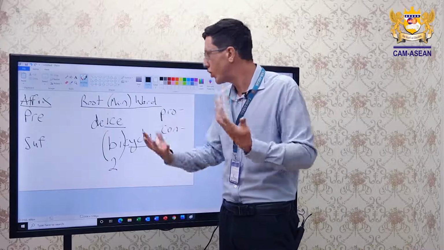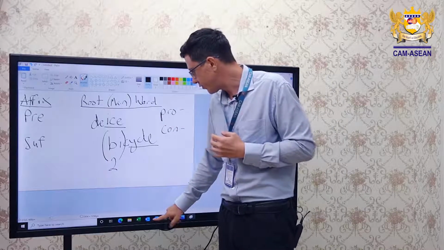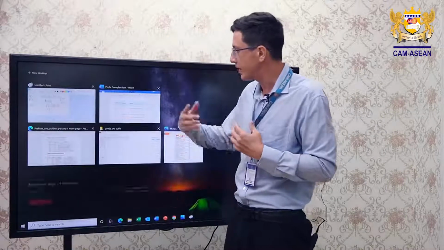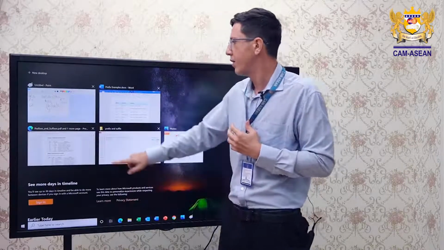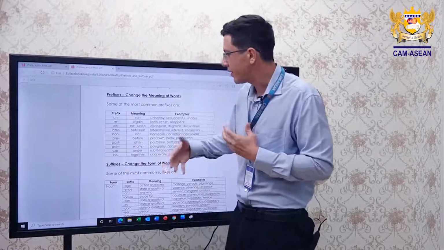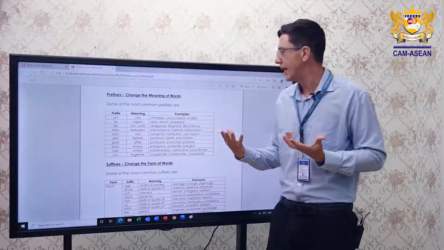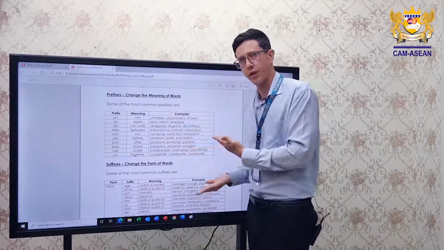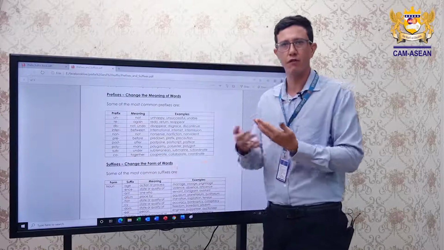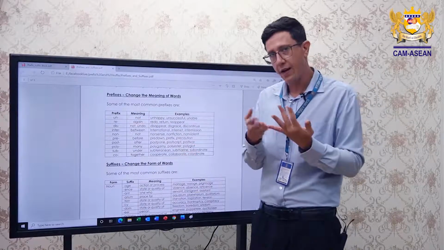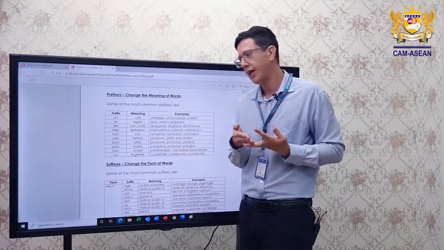So as you start to learn these prefixes, as you start to discover these prefixes, as you start to notice the pattern, what we need to do is kind of memorize it. It's hard to memorize all these words because prefixes are for any word. Nouns, verbs, adjectives.